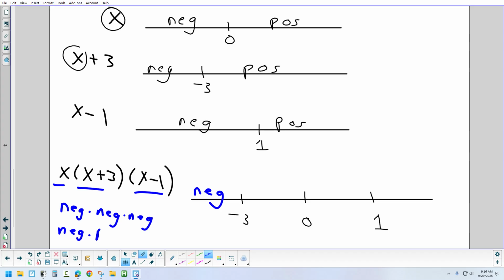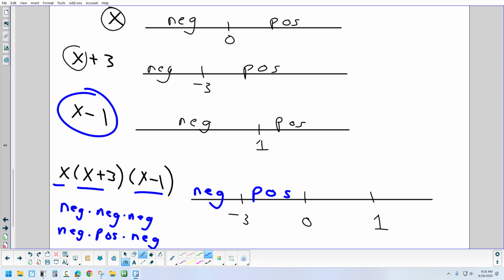A positive. And Lenz, what kind of number would I get in this number line if I was between -3 and 0? Negative. A negative, yep. And then the product, Layla, of a negative, a positive, and a negative would be a positive.